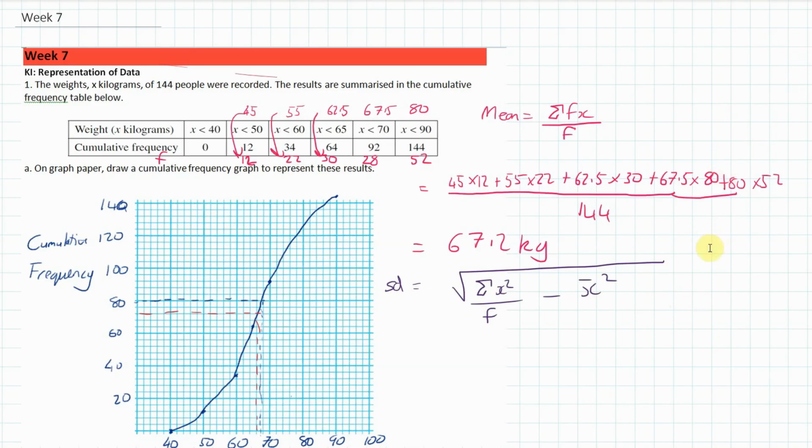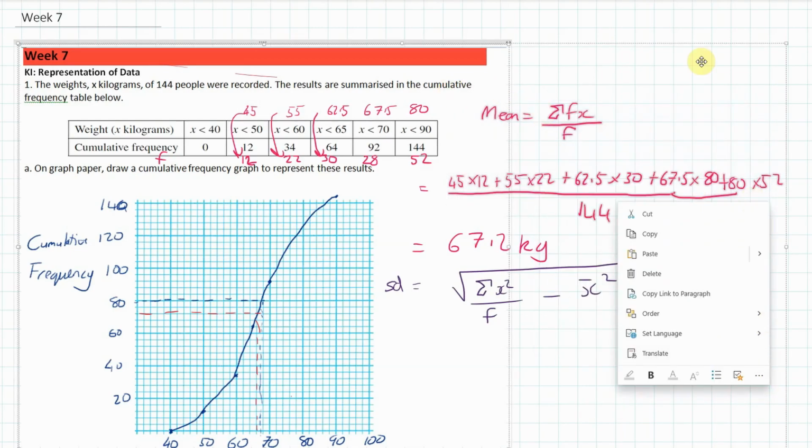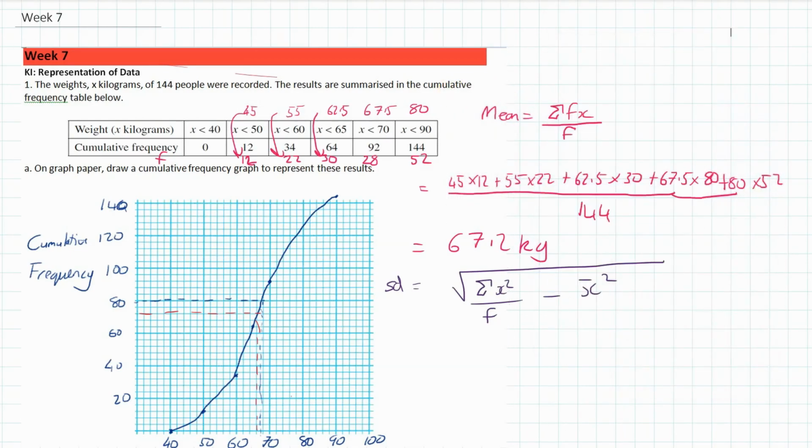Okay, so we already know what the mean is. Now I'm going to save my unrounded number. So my unrounded number for this was 67.1875.